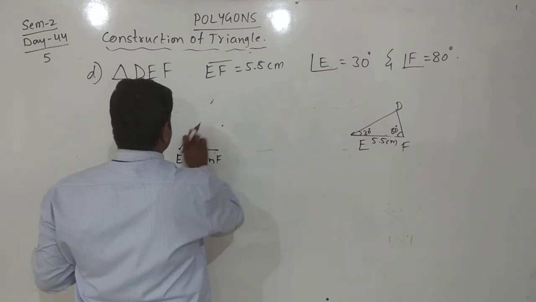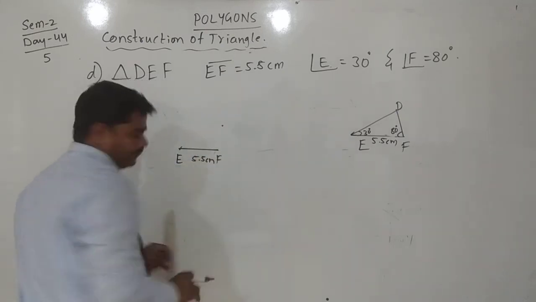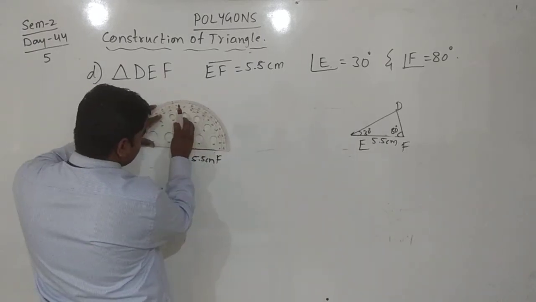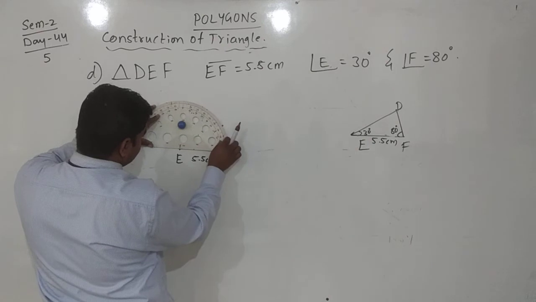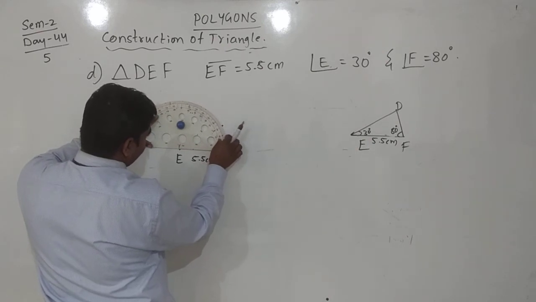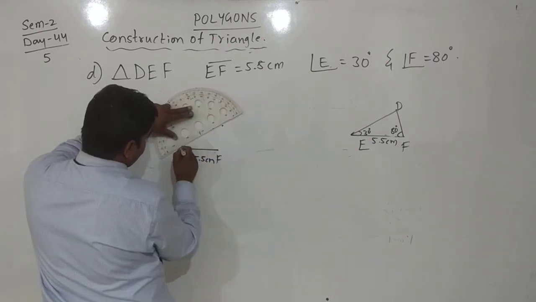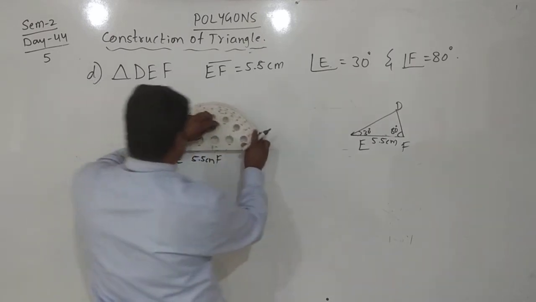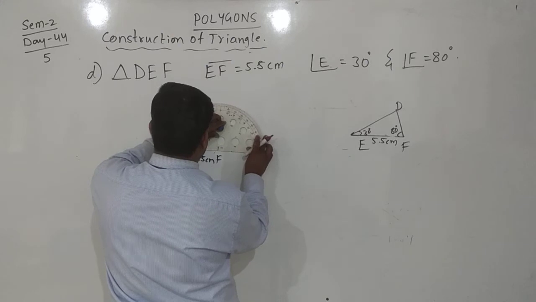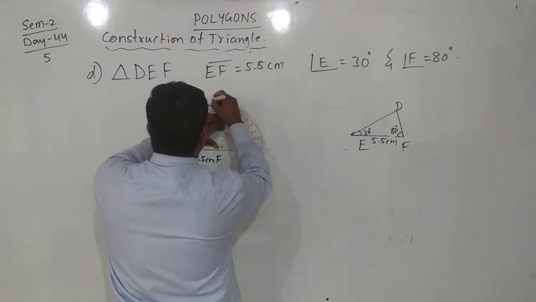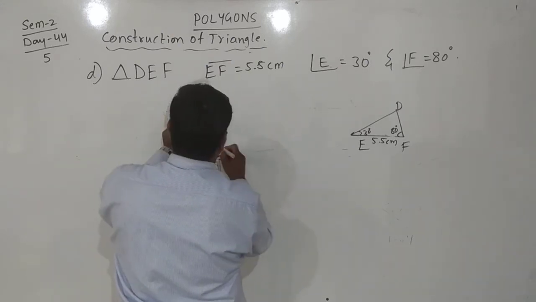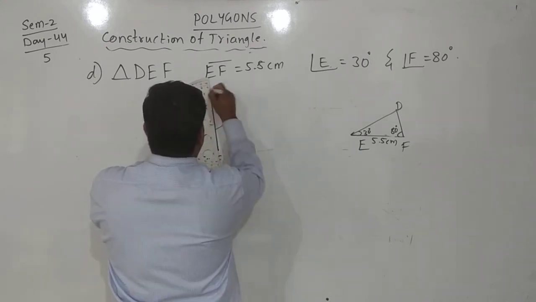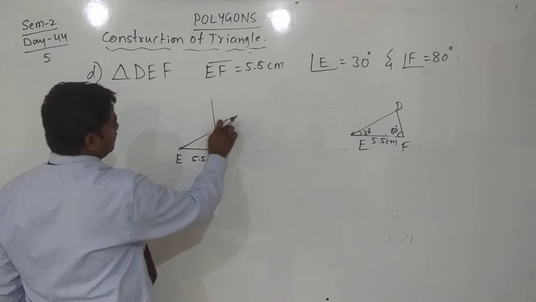Sorry, angle E is 30 degree, just 30 degree, this one, and F is 80 degree, this one. Yes, this is the triangle.